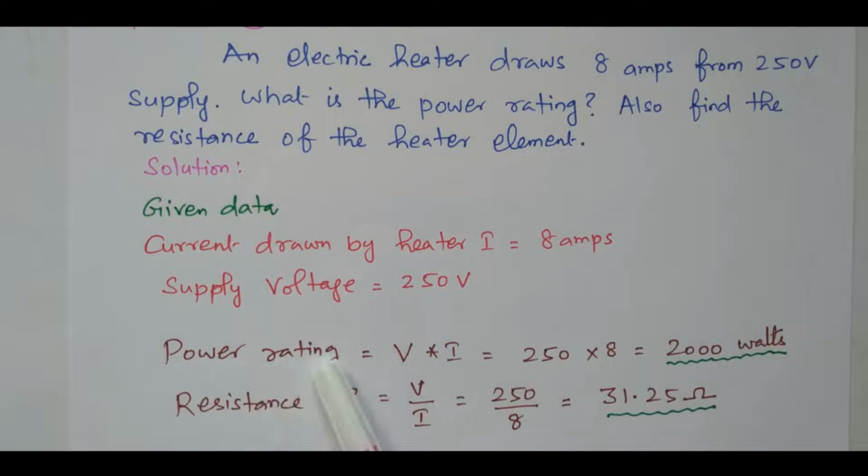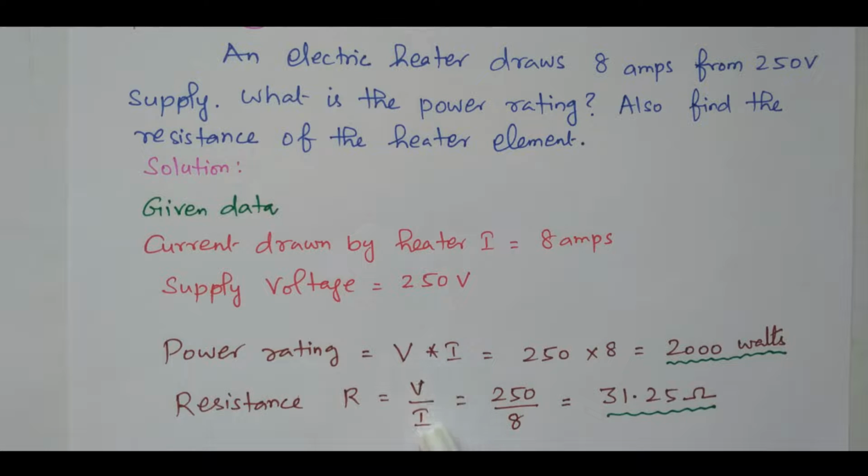What is the power rating? Power rating is nothing but V into I, voltage into current. Voltage is 250, current is 8 ampere, so 2000 watts. The power rating of the heater is 2000 watts. What is the resistance R?